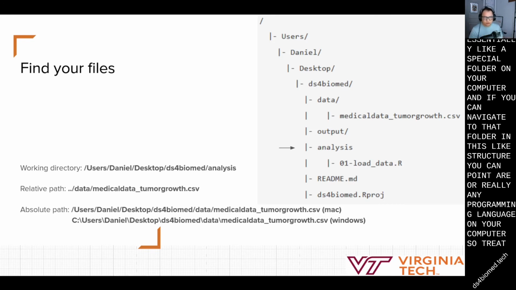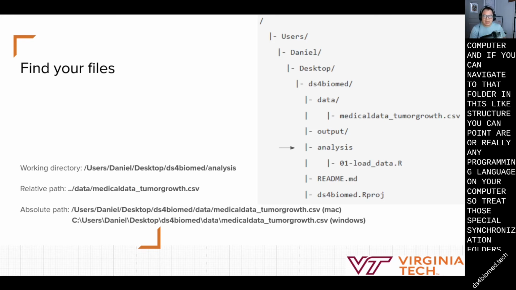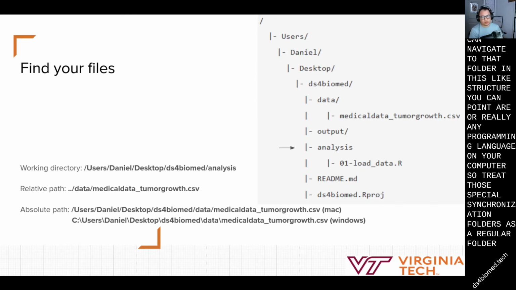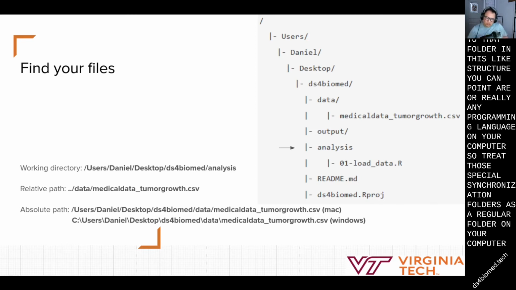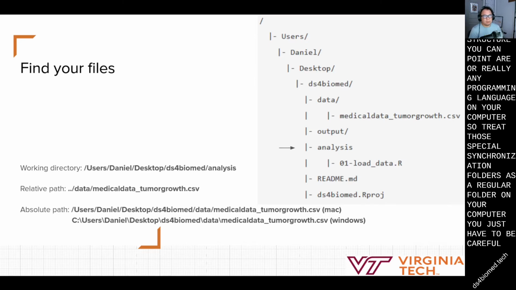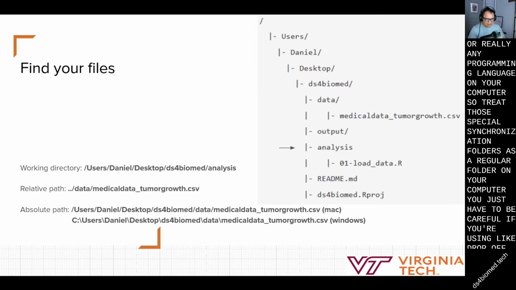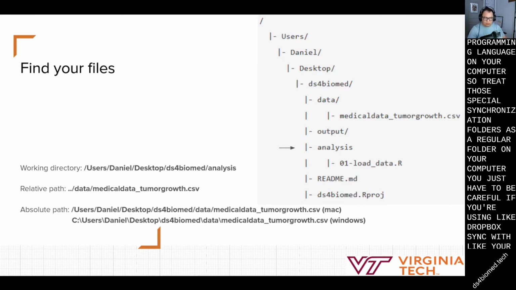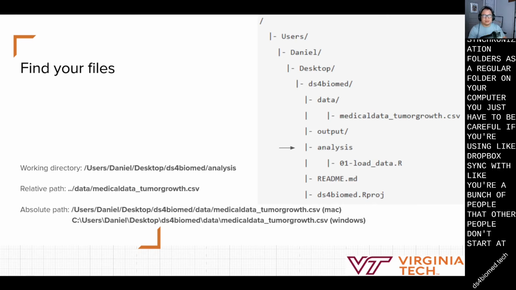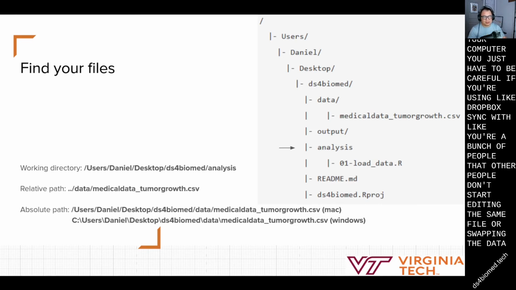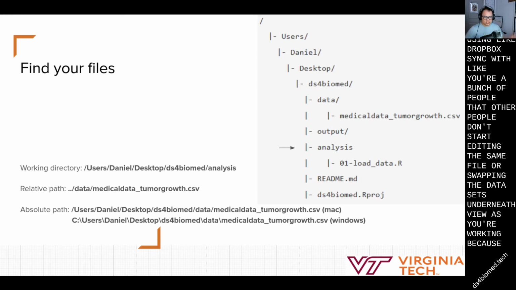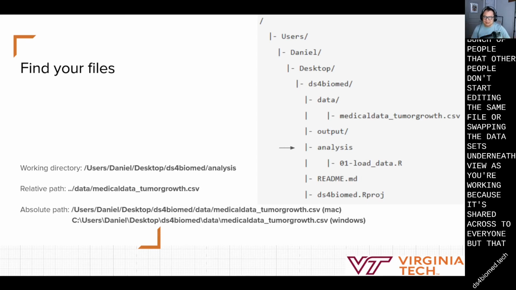So treat those special synchronization folders as a regular folder on your computer. You just have to be careful if you're using Dropbox sync with a bunch of people, that other people don't start editing the same file or swapping the data sets underneath you as you're working, because it's shared across everyone. But that's a synchronization issue.